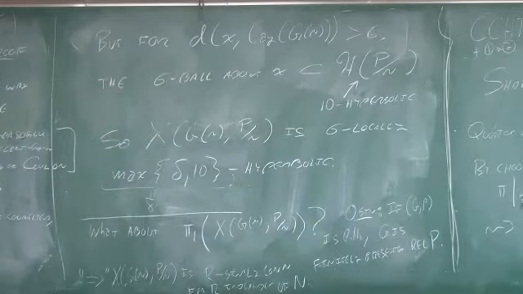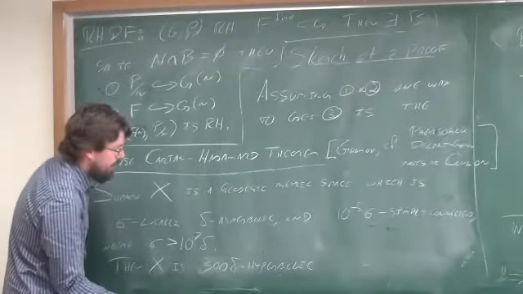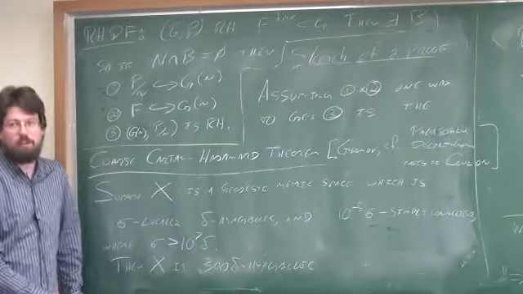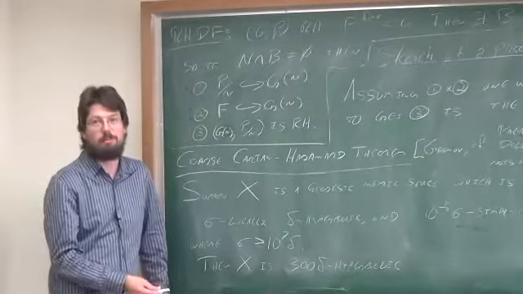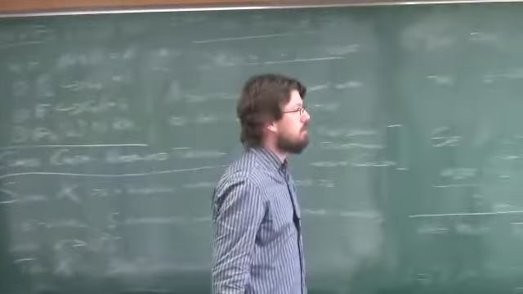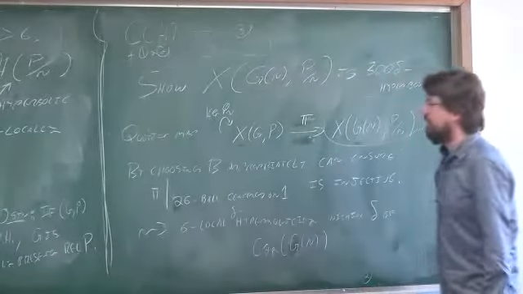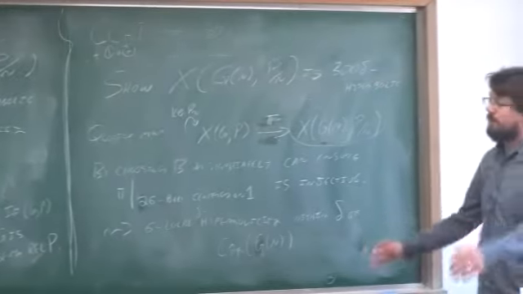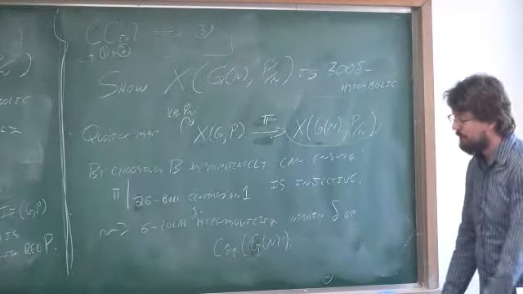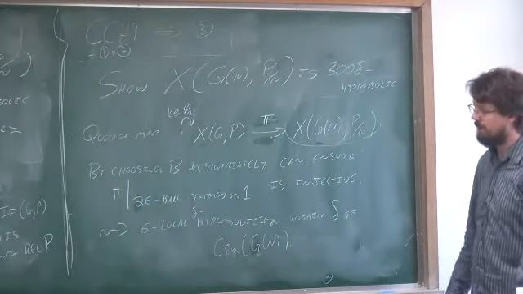So I should have chosen sigma to begin with so that it was bigger than 10 to the 5th times R, right? So if sigma is bigger than 10 to the 5th times R, then I'm going to get that this quotient space here is 10 to the minus 5th times sigma simply connected, and then I'll be able to apply the Cartan-Hadamard theorem.